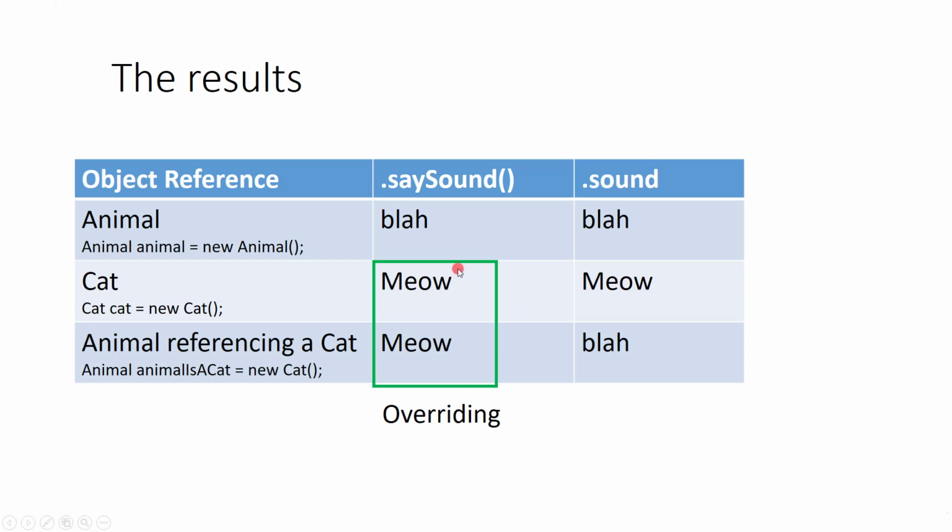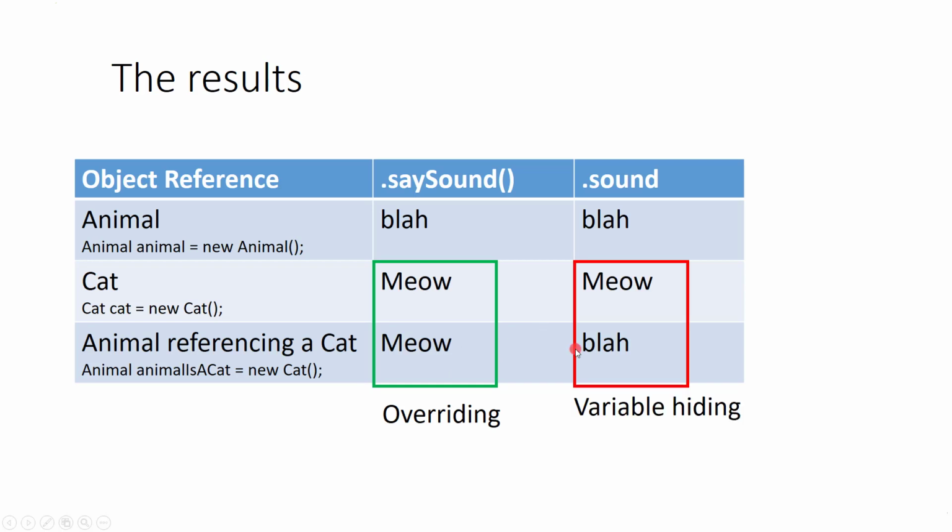And if we look down the columns, we have the example of overriding, where whether the object of a cat is stored in a cat object reference or an animal object reference, the behavior of that method is the same, and that method will always say meow.